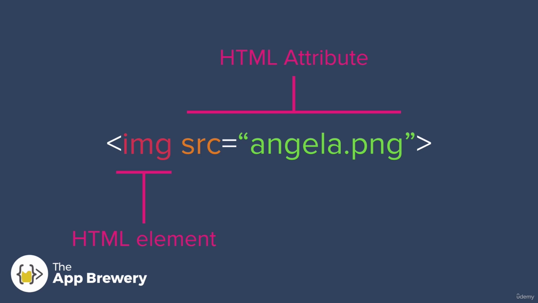You also need to specify the source, and that's the source of the image that will be displayed. That can either be a URL, so it can fetch it from the internet, or it can be a local image that's included in the same directory as your website. So we're going to look at both types.